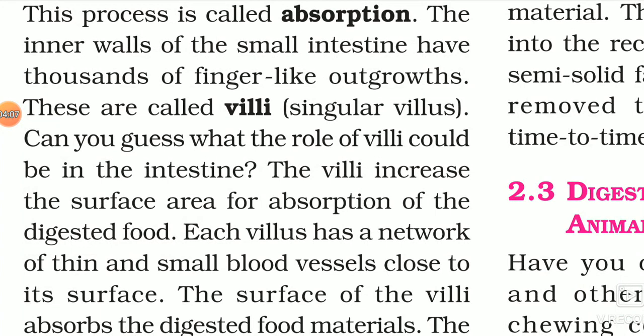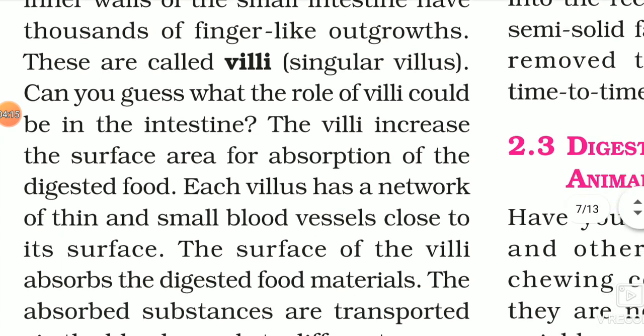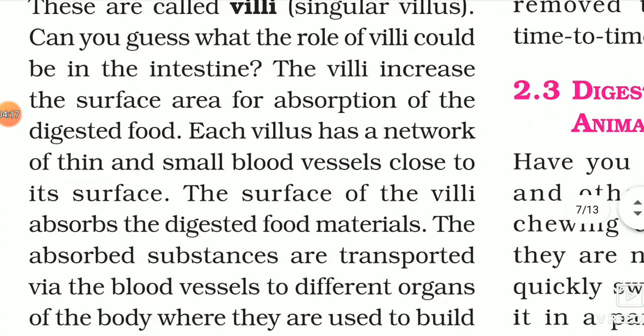The nutrients that the villi have absorbed will be transferred to the blood vessels present over there. These blood vessels will carry these absorbed food materials to different organs of our body, and these organs will get energy from these nutrients.